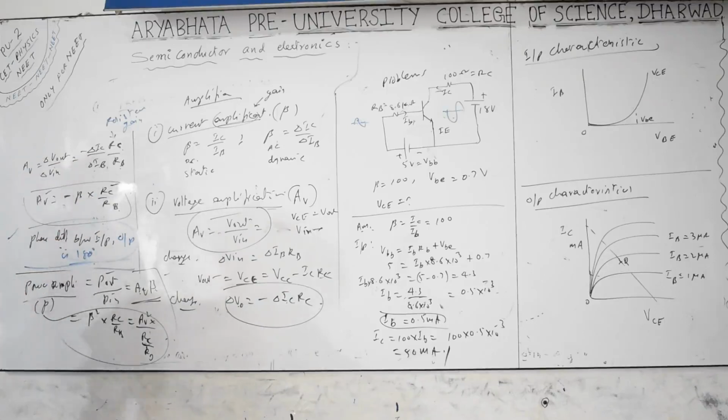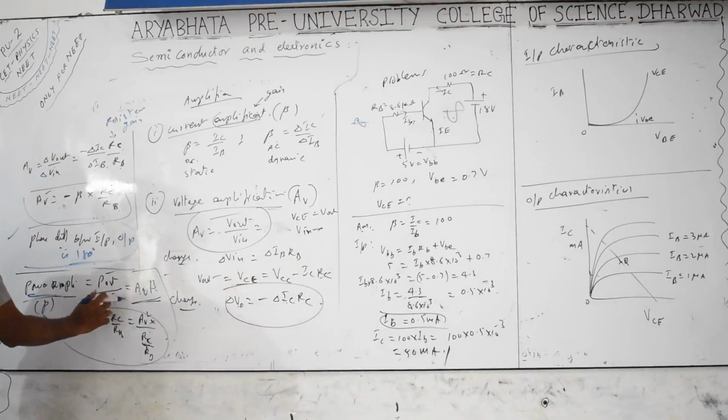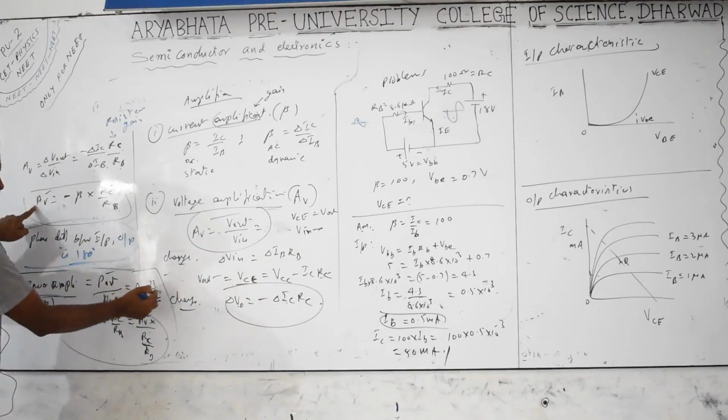Next, power amplification. You can remember the basic formula for power in electricity: power is equal to voltage into current, power is equal to I square R, power is also equal to V square by R. If you remember that, we can write this equation easily. Power amplification is output power by input power, which is voltage gain AV into current gain beta.